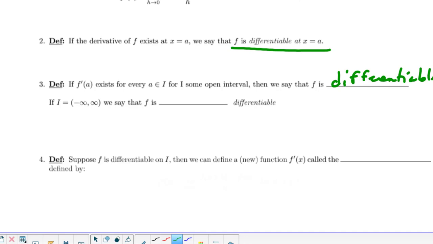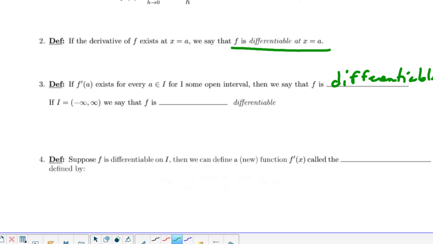So we're extending it. We said, what does it mean to be differentiable at a point? It means that that limit exists for that a value. What does it mean to be differentiable on an interval? It means that you can find the derivative at every single point on that interval.